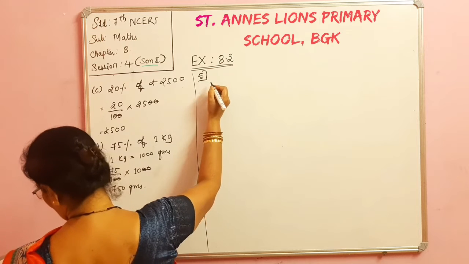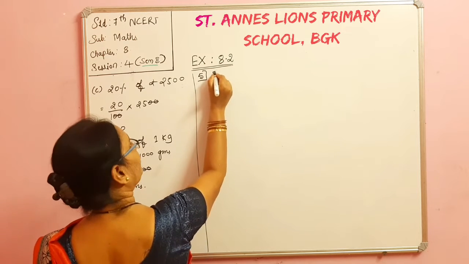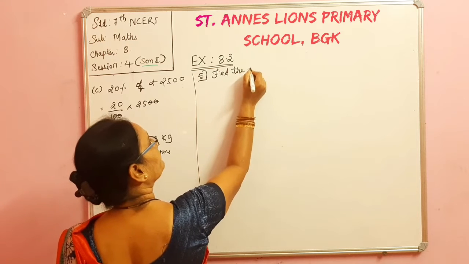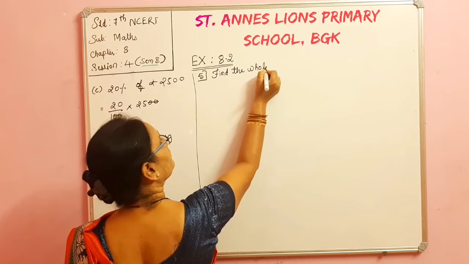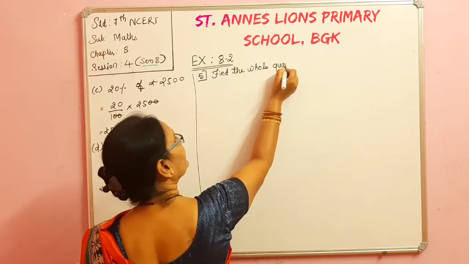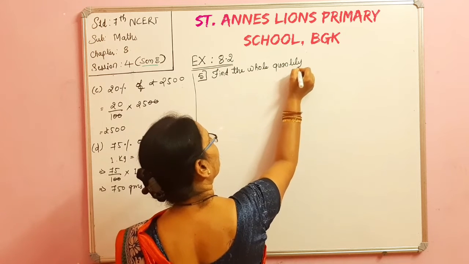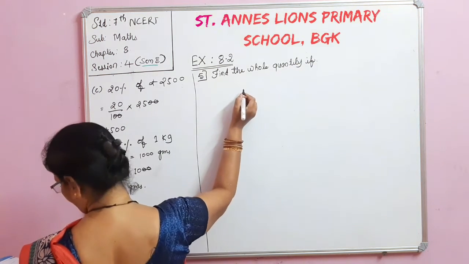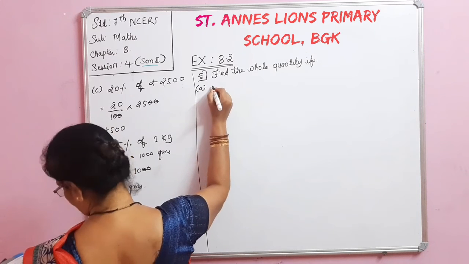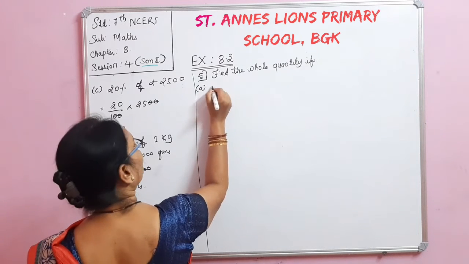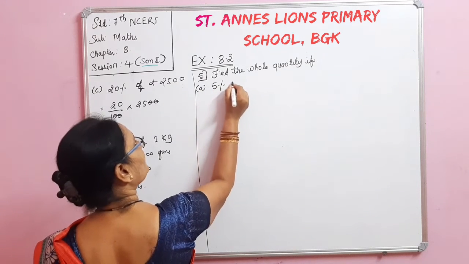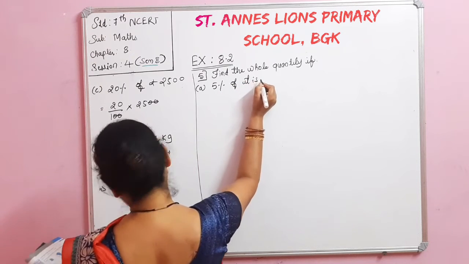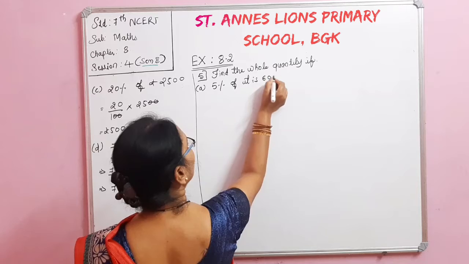Find the whole quantity if the first one is 5% of it is 600.